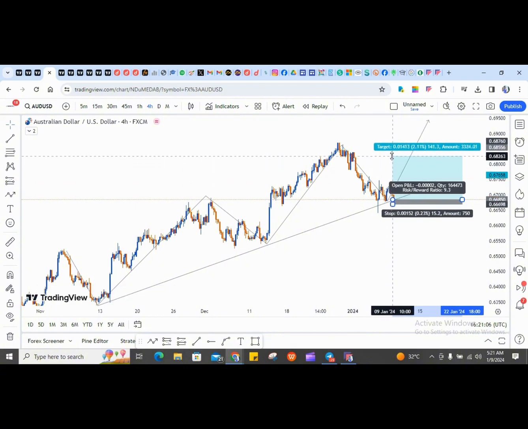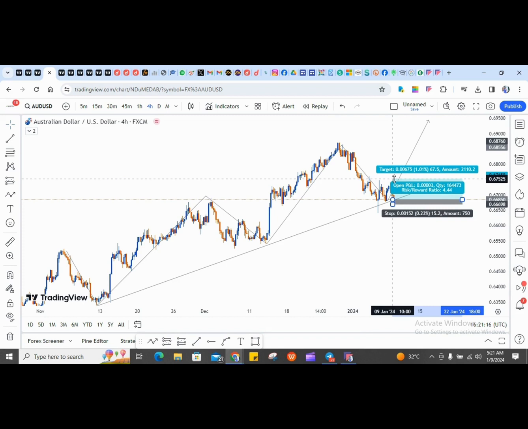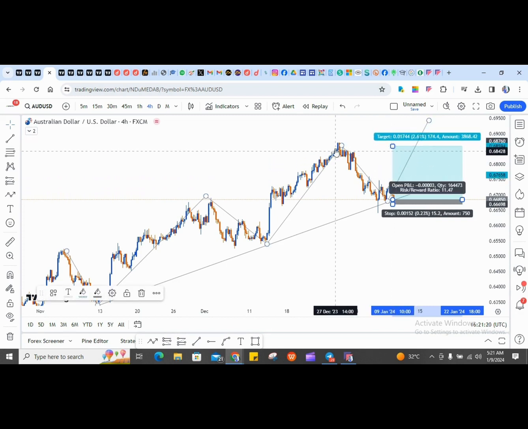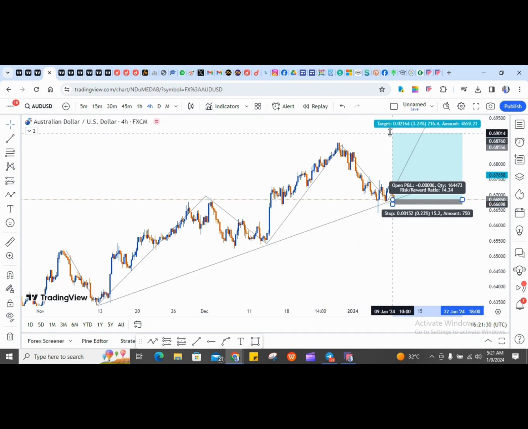Then we are looking at making 15, 15, 30, 45 pips, 1 to 3 risk to reward. But basically, price will always want to take this out. See, this was the last place it came down. This is the higher high. Price will want to take it out. So we can look at putting our take profit here.